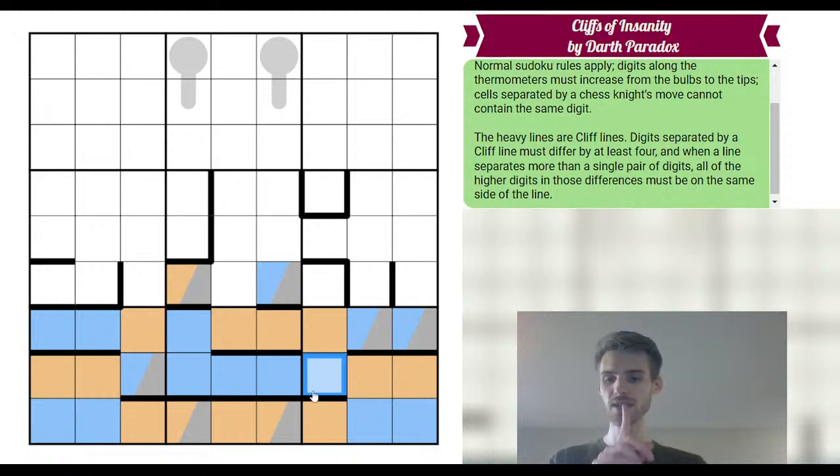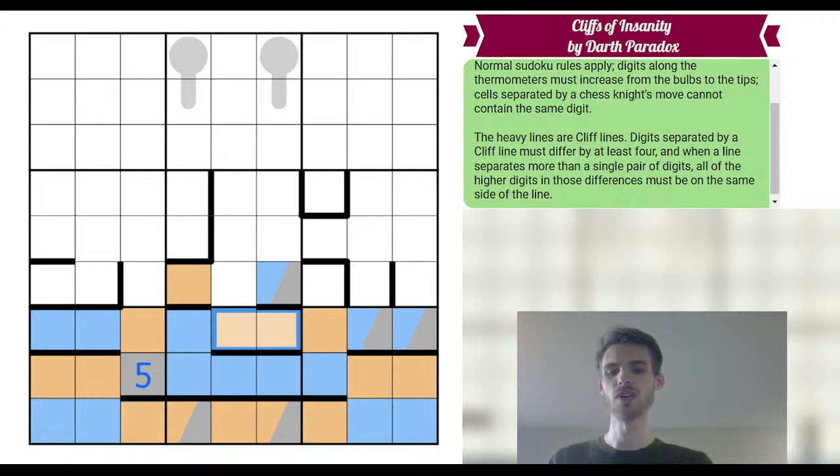So we have a digit. This is a 5. So that's not a 5. I think that is right. These two digits are here.